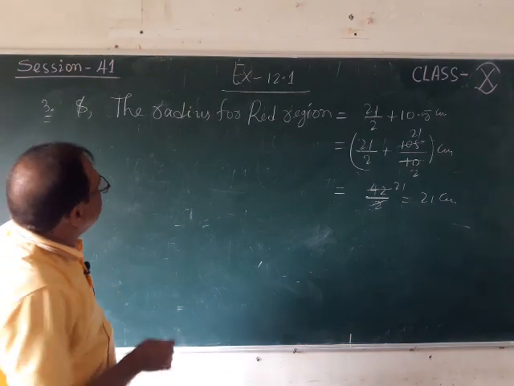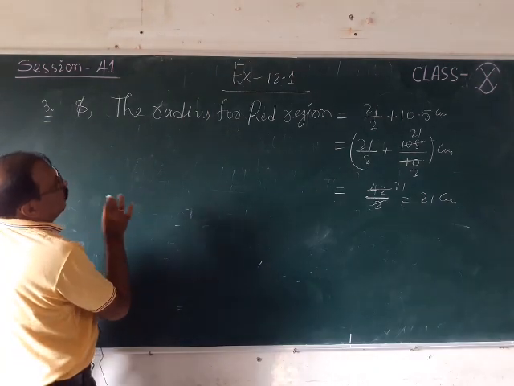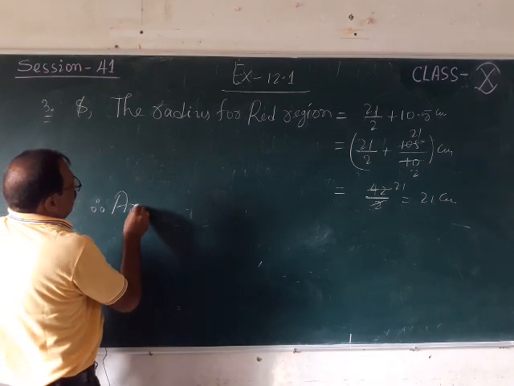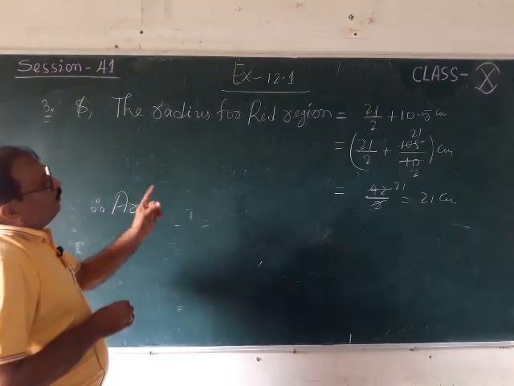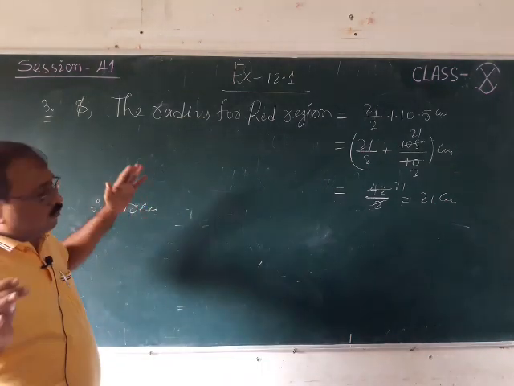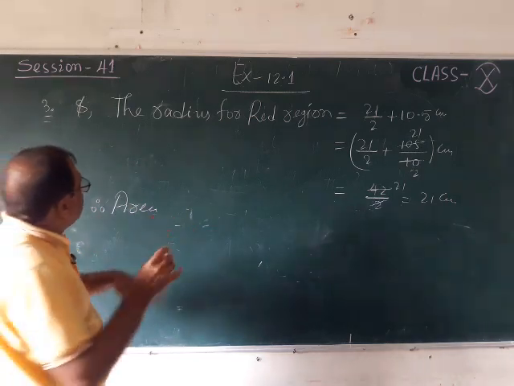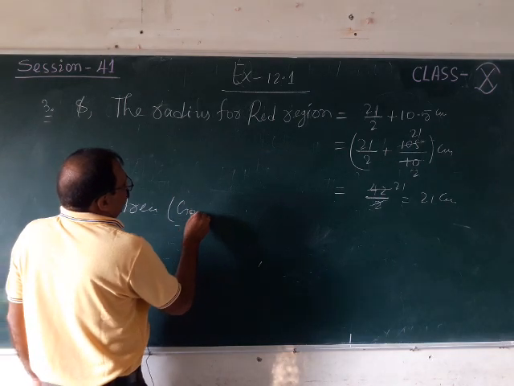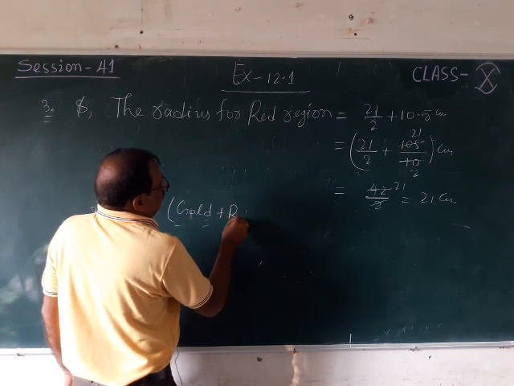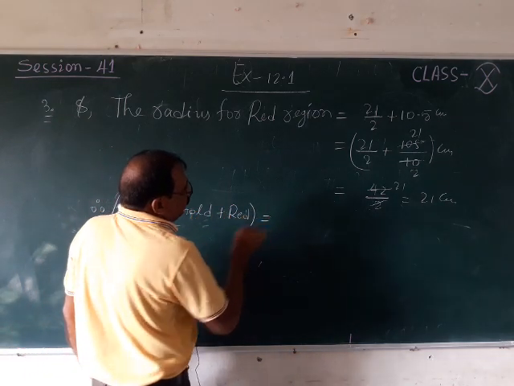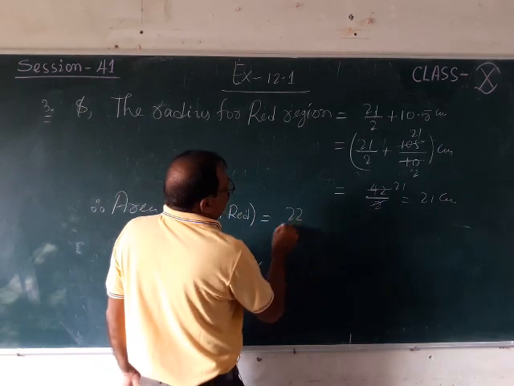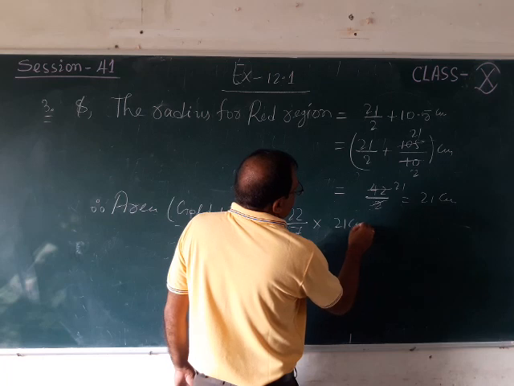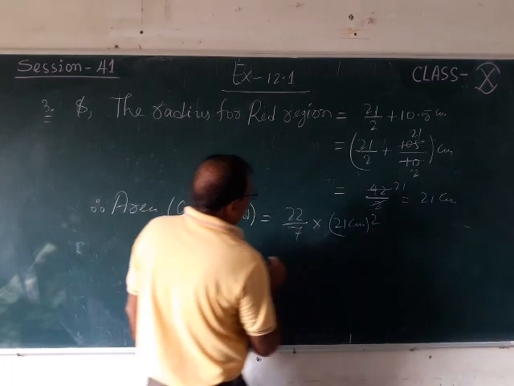Therefore, the area of red plus gold. This time I will find the entire area of gold plus red, and it will be calculated by the formula pi r square. It is pi and r is 21 cm, then you do square.